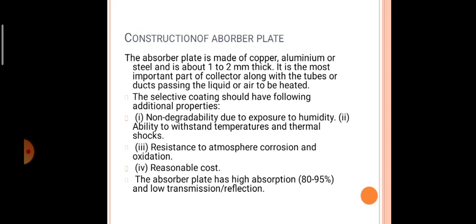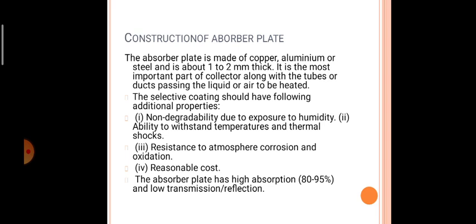Point number 1, it should be non-degradable due to exposure to humidity. Second, it must be able to withstand temperatures and thermal shocks. Third, resistance to atmospheric corrosion and oxidation.